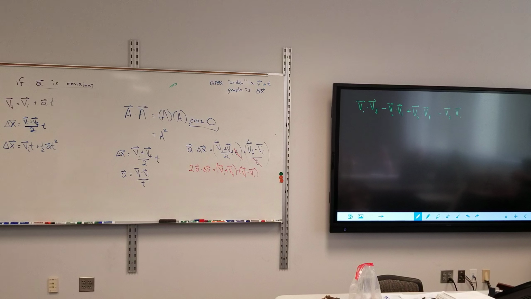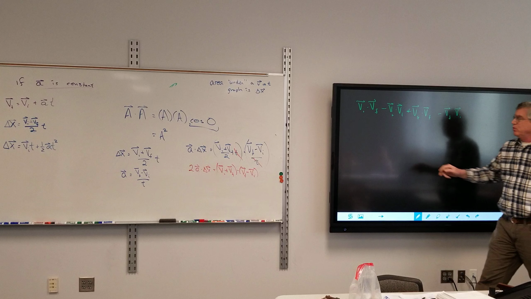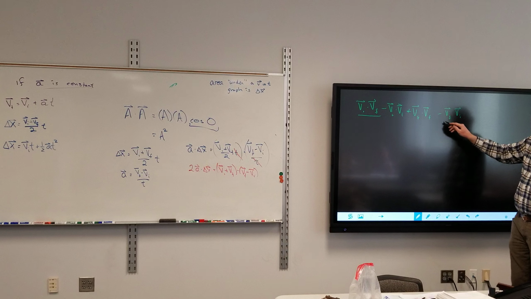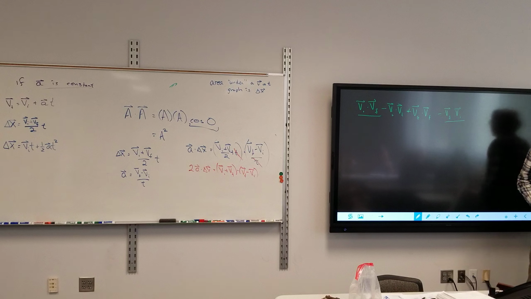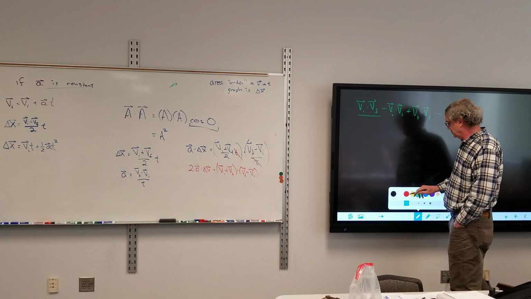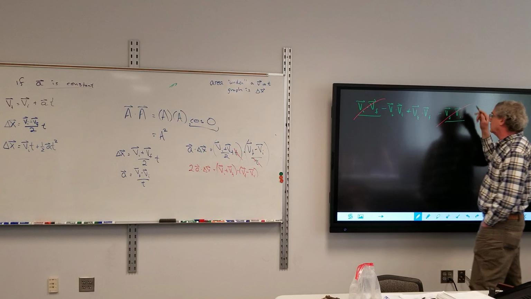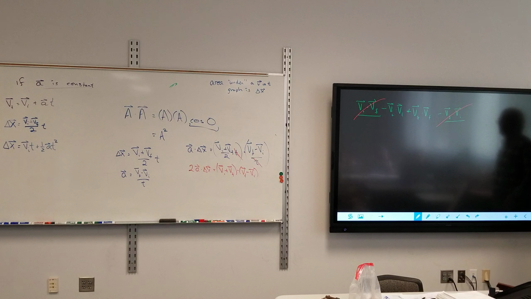Now, if this were a cross product, keeping the order would be crucial. It's a dot product, so it doesn't matter the order in which you multiply. So this VI dot VF and VF dot VI, those are the same thing, except I'm subtracting, so those are going to cancel out. What I'm left with is a vector times itself.